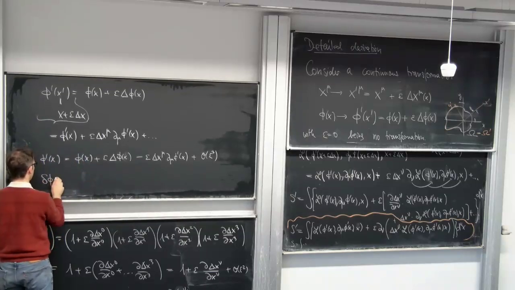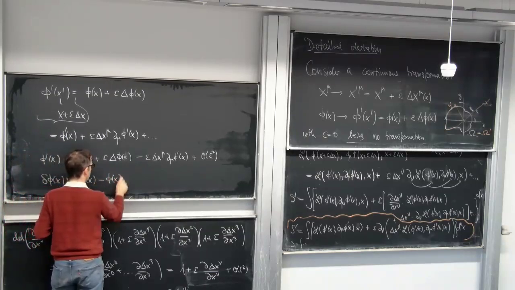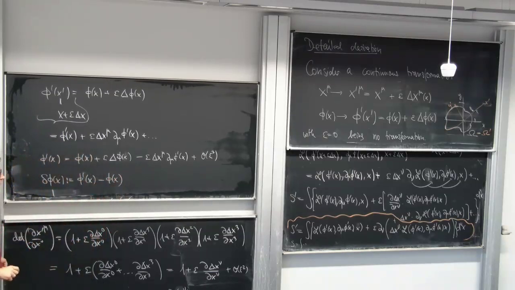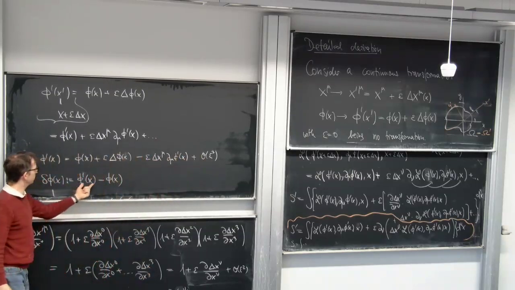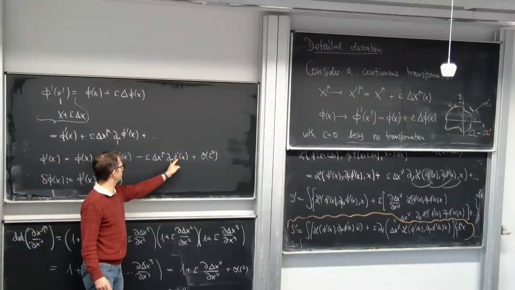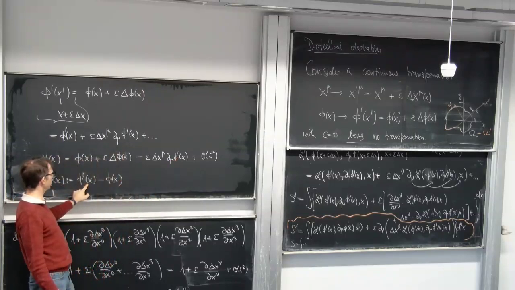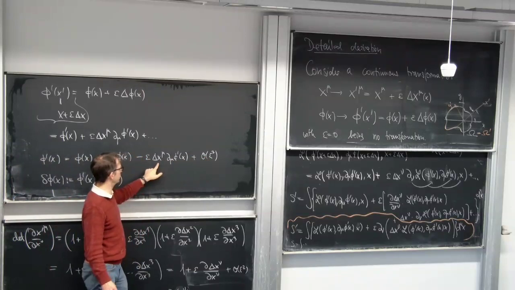The difference, delta phi of x, I'm defining as the difference between phi prime of x minus phi of x. This is of order epsilon. Because you see, if you pull this to the other side, there's an epsilon, there's epsilon squared. So the difference between these two is small, of order epsilon. And if that's small, then I can basically change the phi prime here into a phi, which will change these terms, but not this one.